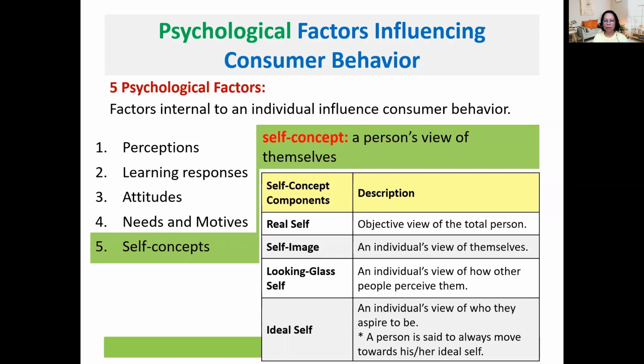This is an individual's view of themselves. The next component is the looking glass self, an individual's view of how other people perceive them. And then there is the ideal self, an individual's view of who they aspire to be. It is said that a person always moves towards his or her ideal self.